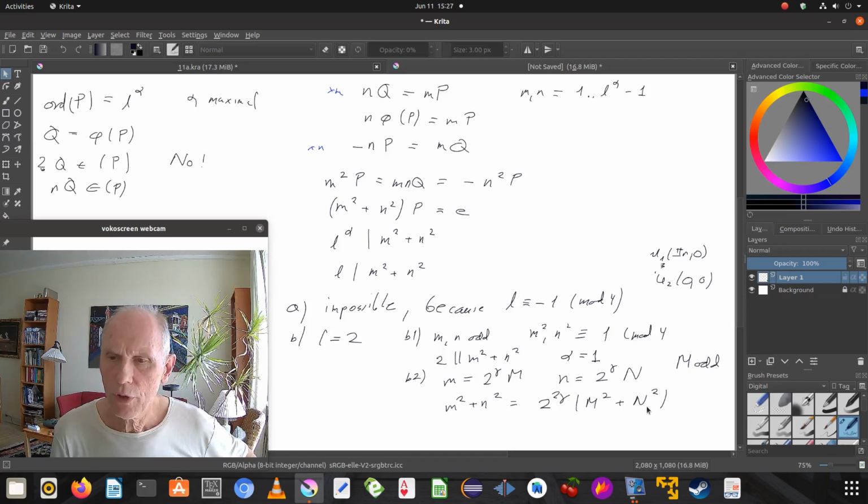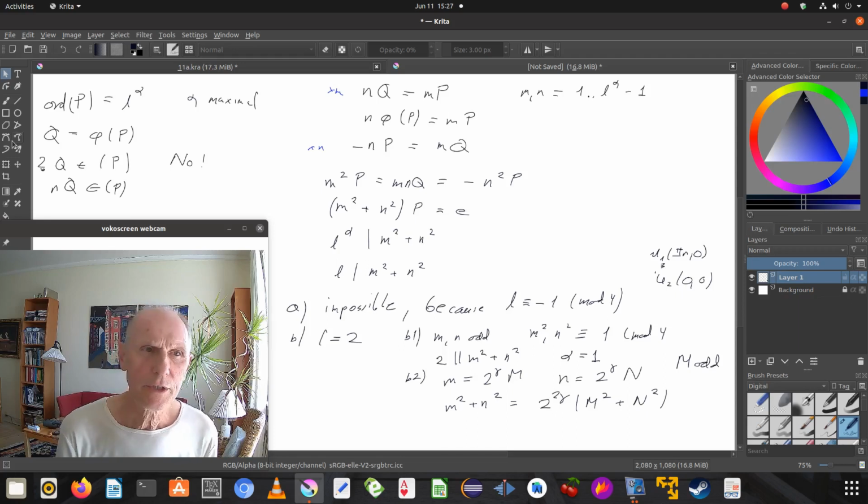If they are both odd, then 2 divides this, and then it's the same gamma for both of them, of course. Then 2, but no higher power, divides here. And if n is even, then the sum is odd. So it's only 2 to 2 gamma.